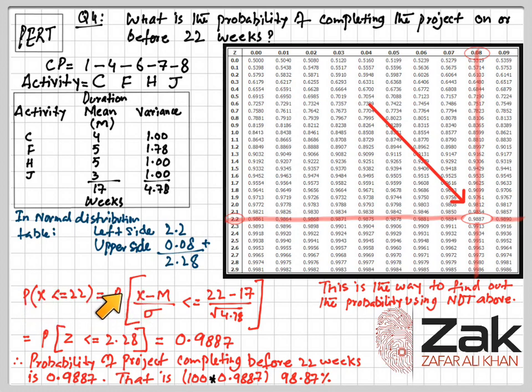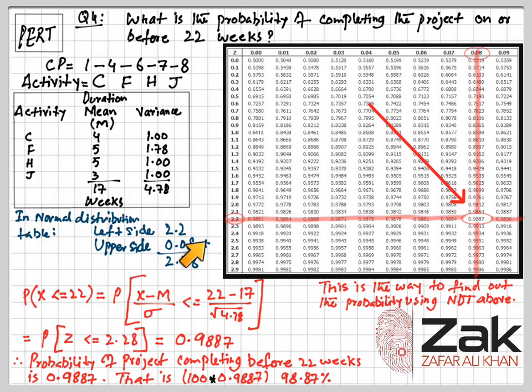So the question will be the probability of (x minus m) divided by sigma being less than or equal to (22 minus 17) divided by the square root of 4.78, which is 2.19, and that is equal to the probability that z is less than or equal to 2.28.